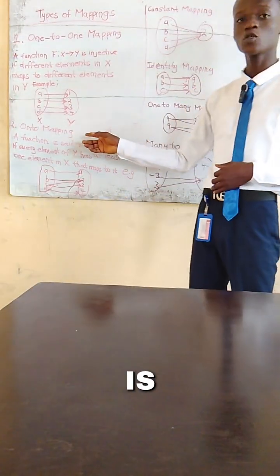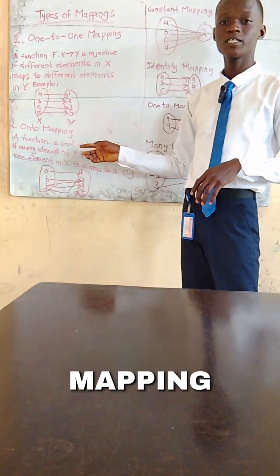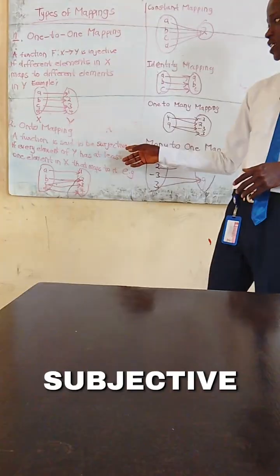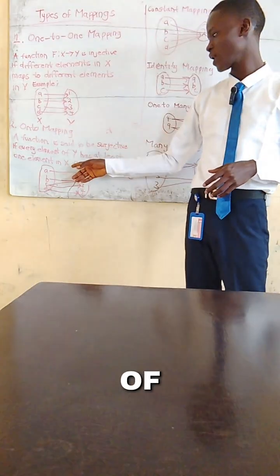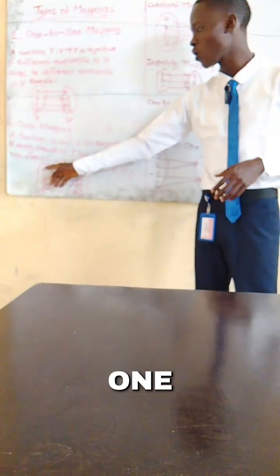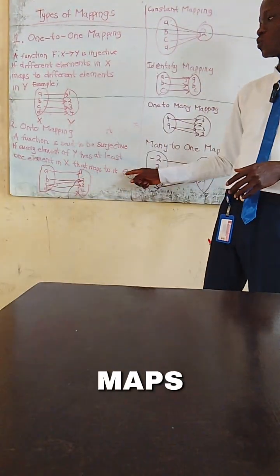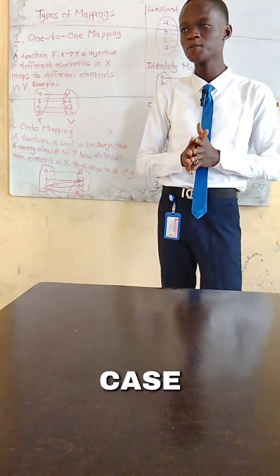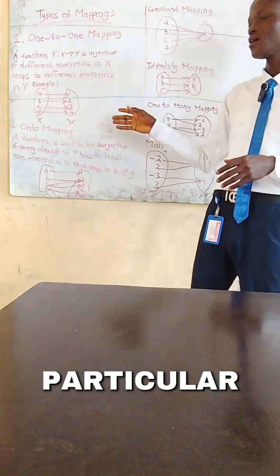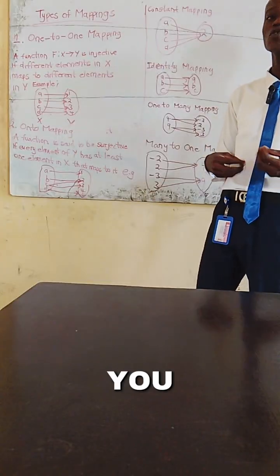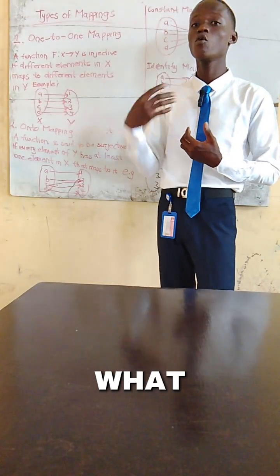Now the next one is the onto mapping. A function is said to be surjective if every element of y has at least one element in x that maps with it. When you hear "at least", it can be more than one.